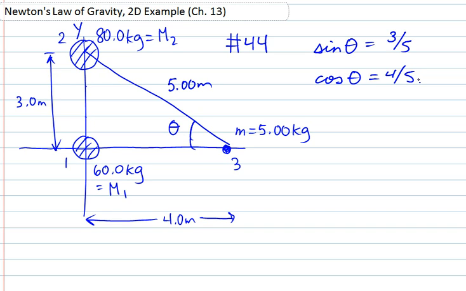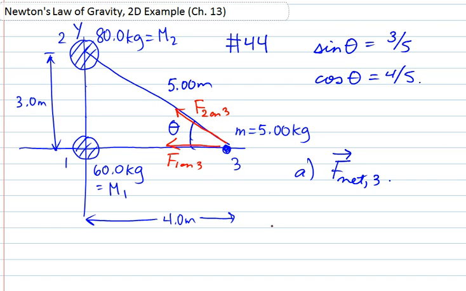Okay, so the first thing that we're trying to find is the net force acting on mass 3. If we think about this, we are going to have two separate gravitational forces. We're going to have the force of 1 on 3, which is directed away from 3 towards 1, and then we're also going to have the force of 2 on 3.